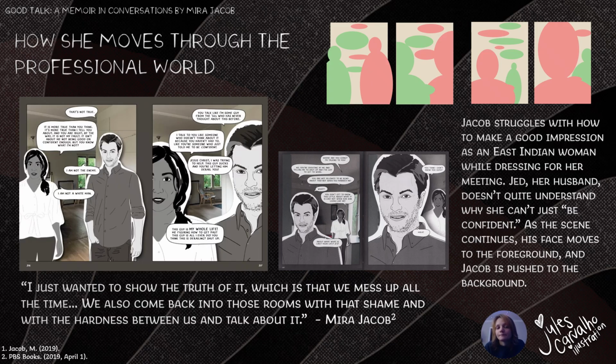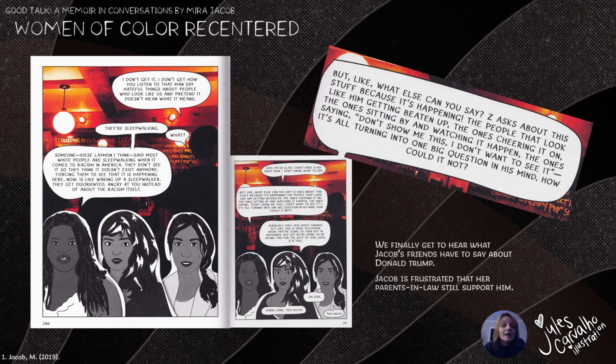We finally do get to hear what Jacob's friends have to say about Donald Trump, because she is still feeling frustrated that her parents-in-law are unbothered in supporting him despite his blatant racism, and she wants to kind of vent and talk to her friends about it. So one of the friends says about Z, when it comes to racism showing up in society and his life, it's all turning into one big question in his mind. How could it not?